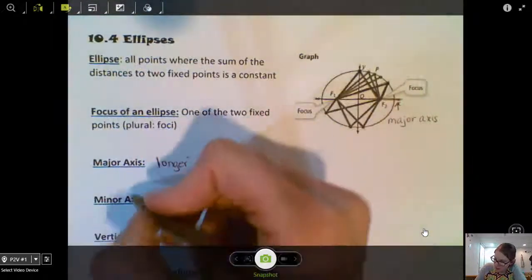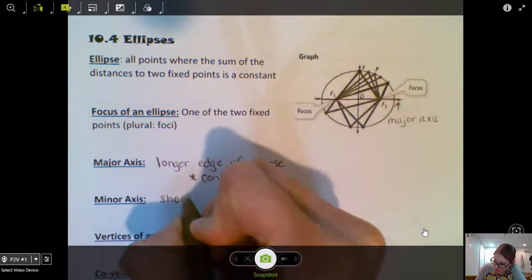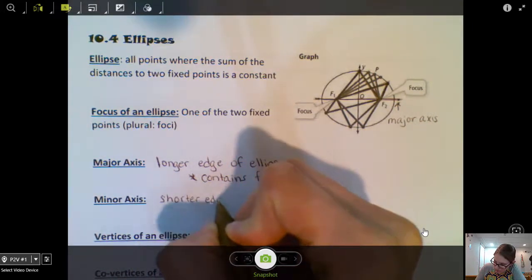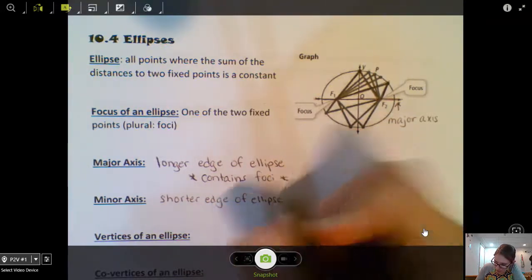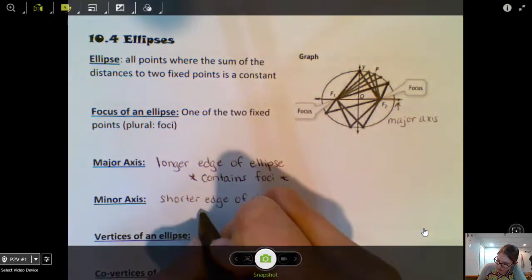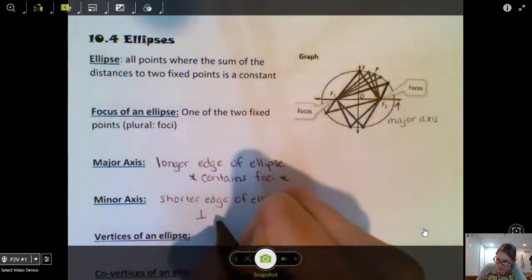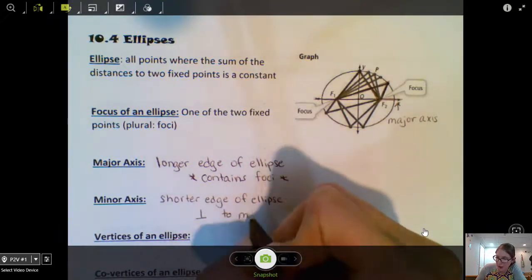And then our minor axis is the shorter edge of the ellipse. And it's always going to be perpendicular to the major axis.